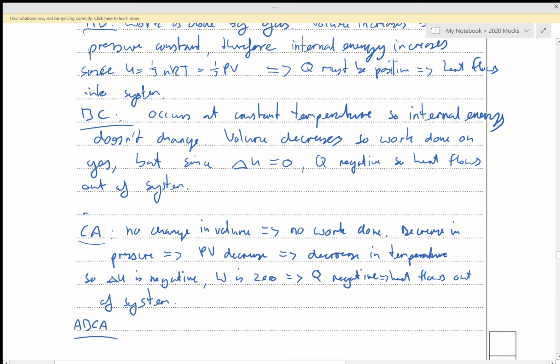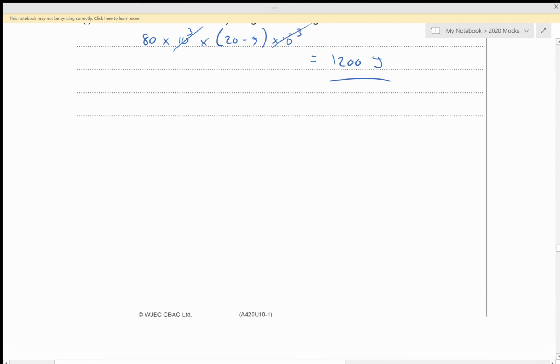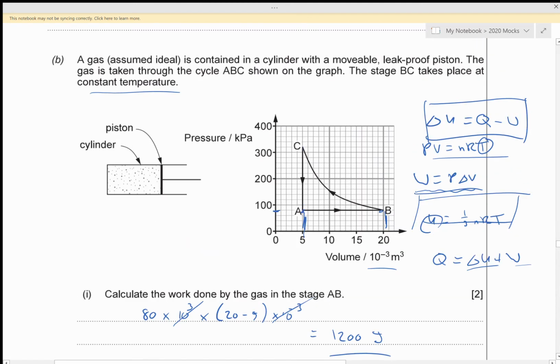Whole cycle then. Around the whole cycle, let's have a little think about this. Around the whole cycle, delta U has to be 0. We end up at the same place as we started. We start at A, we end up back at A, and therefore PV is the same as it was to begin with. So delta U has to be 0. We know that the gas is doing work, and the work done would be the area under this line as it expands.